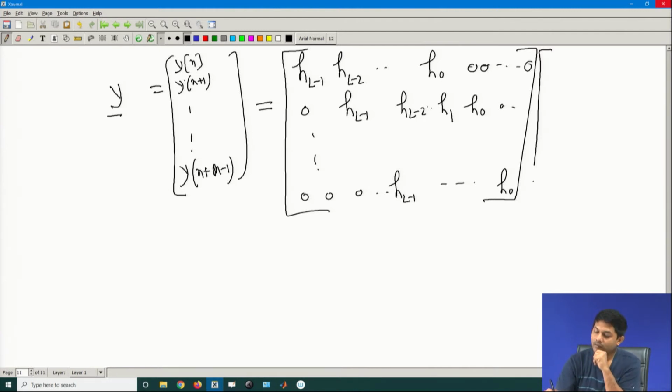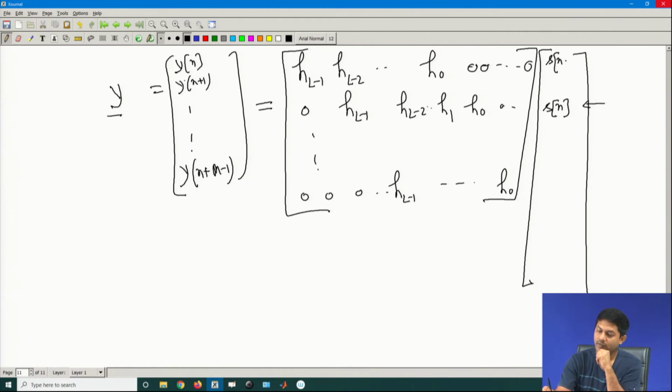And then with a little effort, you can do it. So, at some point of time, at this point you may have S[n], and before that you may have S[n minus L minus 1], something like that, and here you can have the data. That is how it is, right. Okay. So, what is the dimension?